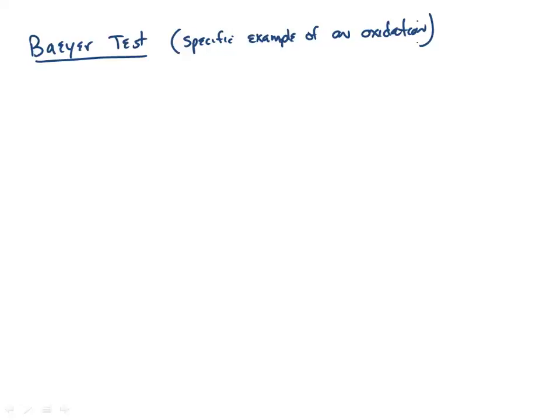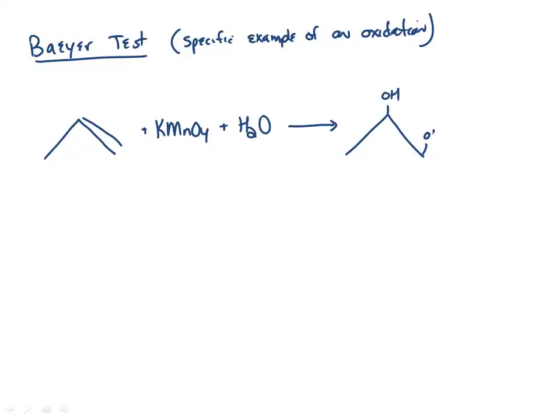So in that case, for instance, if I pick a molecule like this, I'm going to react it with KMnO4, I'm going to react it with water, and I get this molecule plus MnO2. And then I ran out of room, so I'll add the plus KOH down at the bottom.